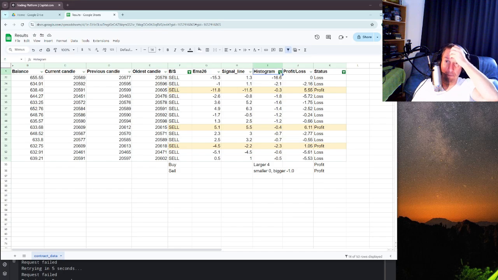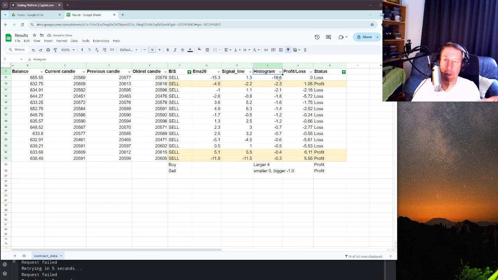Histogram, sort A to Z. 16 is the, yeah, it's the largest. Yeah, I know. Smaller than 0, bigger than minus 1. Those are those sells. And those sells are the 4.